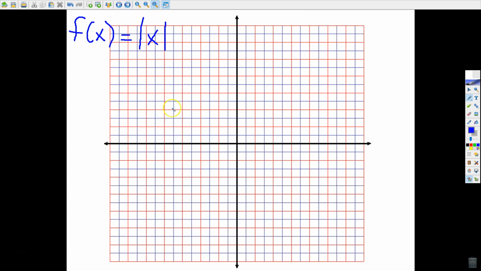Okay, what about the absolute value function? Well, once again, I try to get my students to remember the word absolute and then just think of the word value as a big giant V, because that's the shape these take. The parent function f of x is the absolute value of x, has its vertex at the origin, and it has a slope of both positive and negative 1.